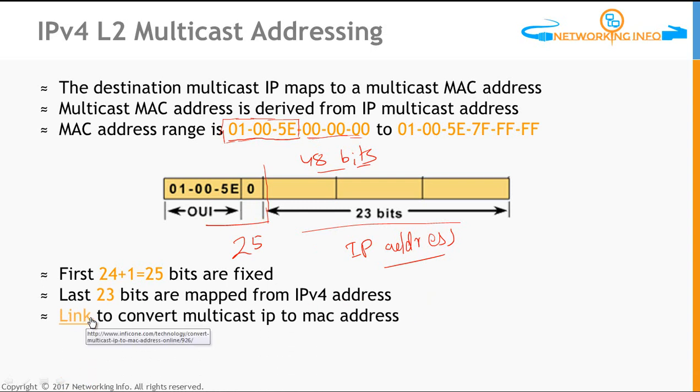And here is the link to convert a multicast IP address to a MAC address. You can convert it in your head, or you can use a tool. I will bring that website here.